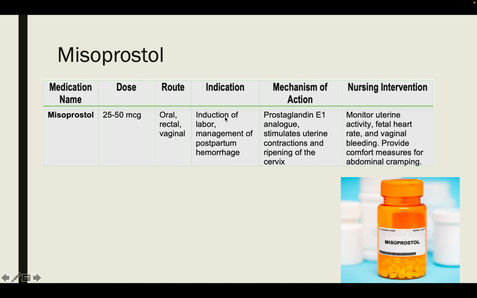Definitely, women who receive this medication have to be placed on the tocometer, which is the CTG. You have to monitor the uterine activity, the severity, the duration, and if it's regular, just to help us decide if the mother is responding to this medication or if she needs another dose.